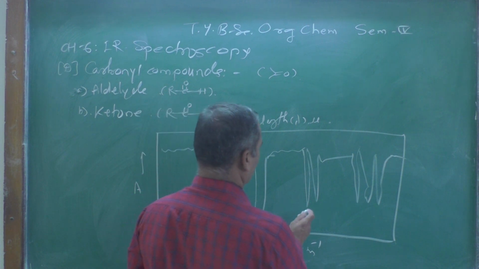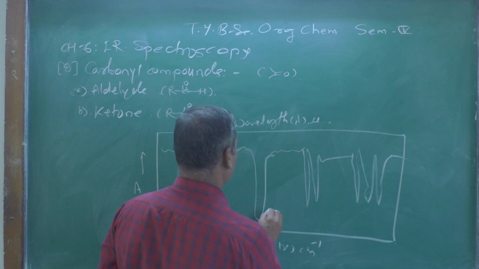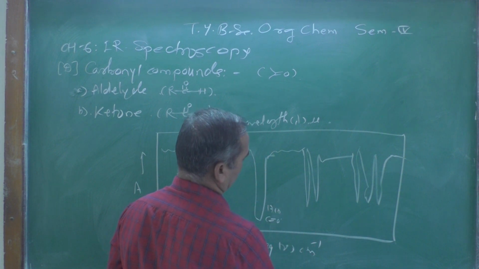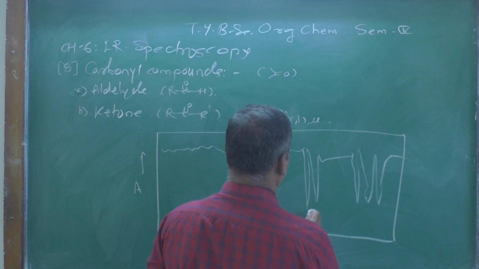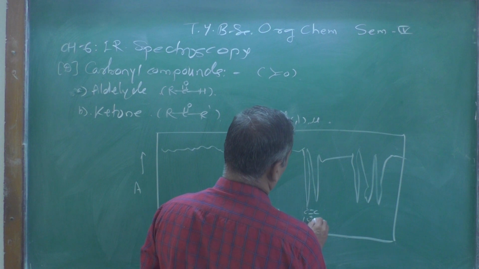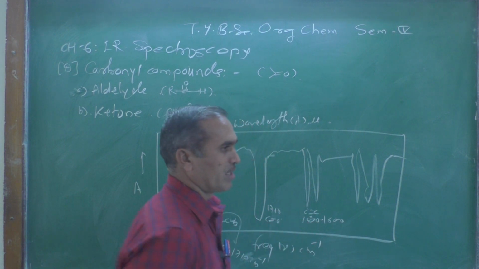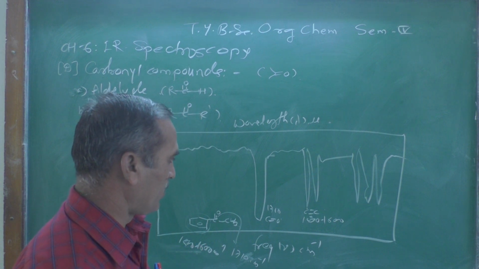If you see here, this peak is observed around 1710 per centimeter, and this peak is due to the carbon-carbon double bond of the aromatic compound. The stretching frequency is found to be 1500 to 1600 per centimeter.